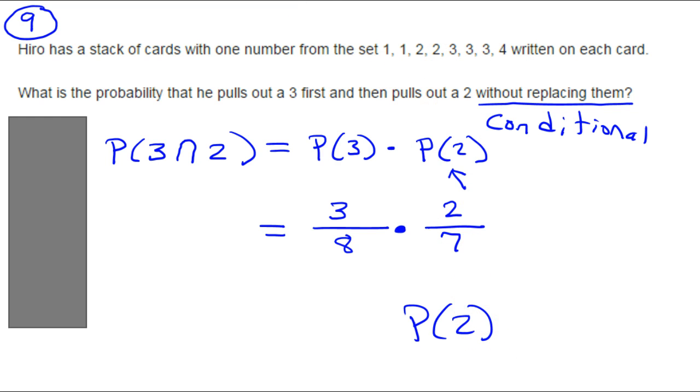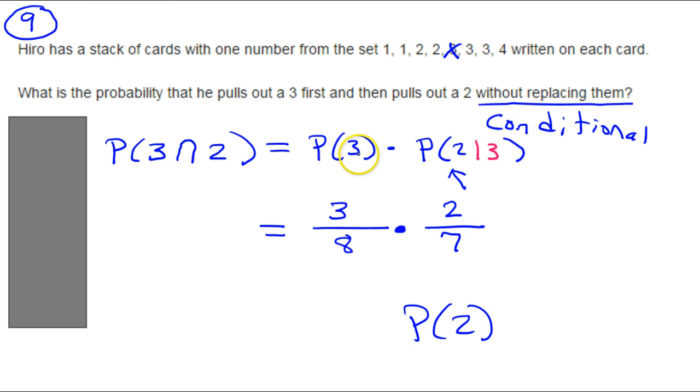So instead, to reflect the fact that we already know that the 3 is gone, instead of just writing probability of 2, you have to say probability of 2 given that 3 has already been taken out.